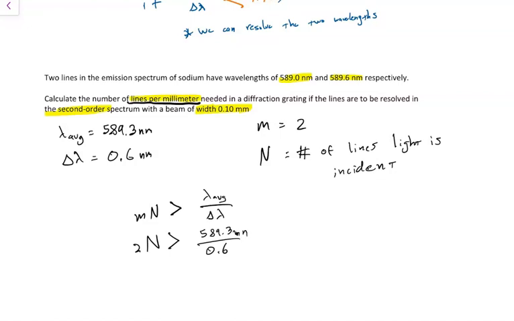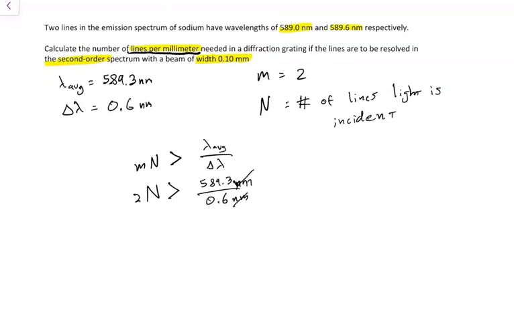But since it's the same on the top, those will cancel out. So I end up with N is greater than 491 lines. Now this is the number of lines that the light beam is incident on.